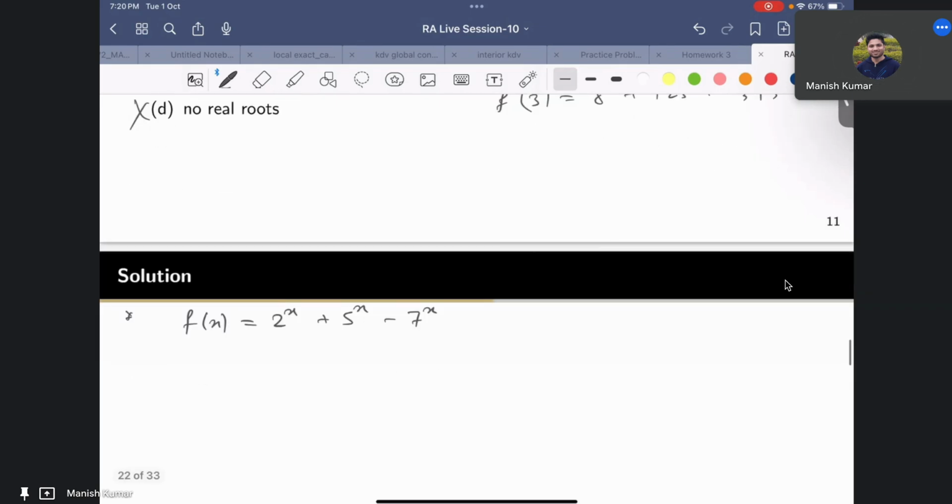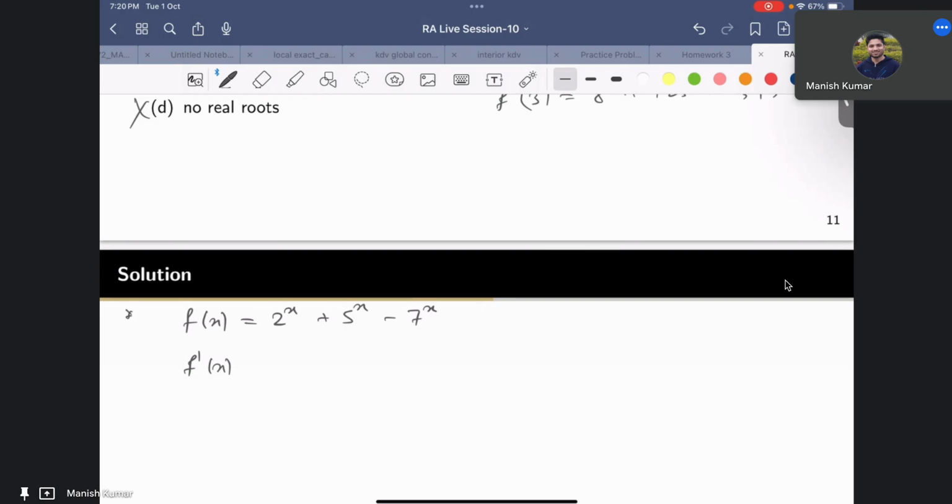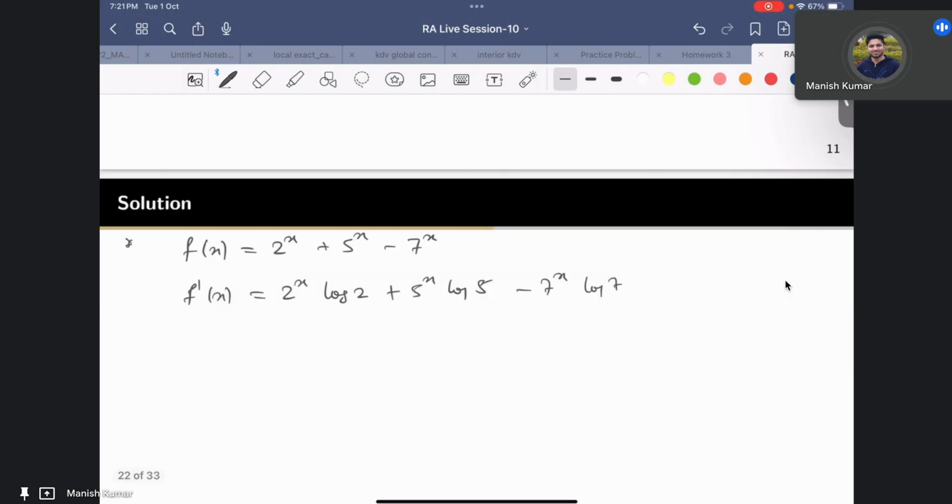Okay, so let us look at the derivative. It will be 2^x log 2 + 5^x log 5 - 7^x log 7.